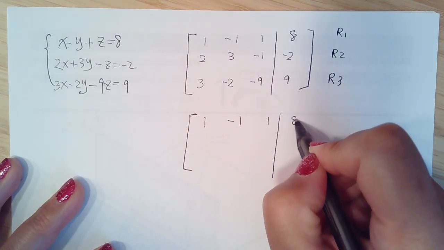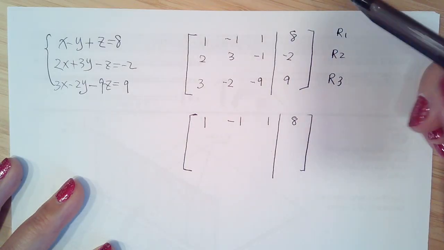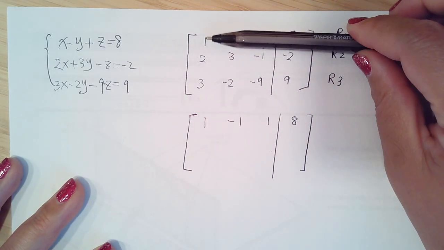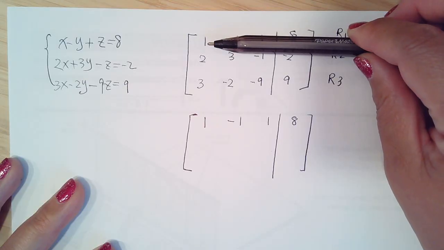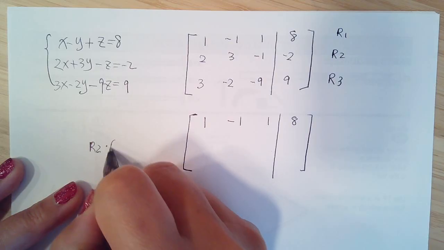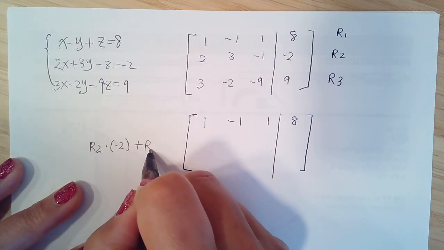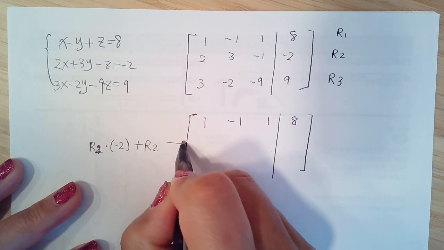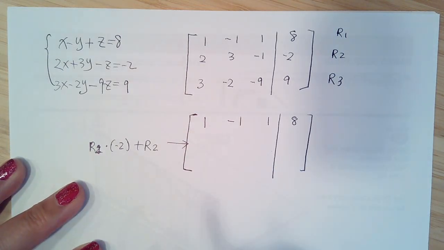So that's 8. And how do I make this to be 0? I'm going to do the row operation. I'm going to use this guy times -2 and add to it. So that is my row 1 times -2 plus my row 2. It becomes my new row 2.